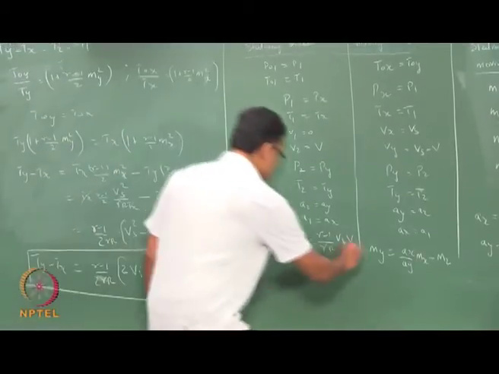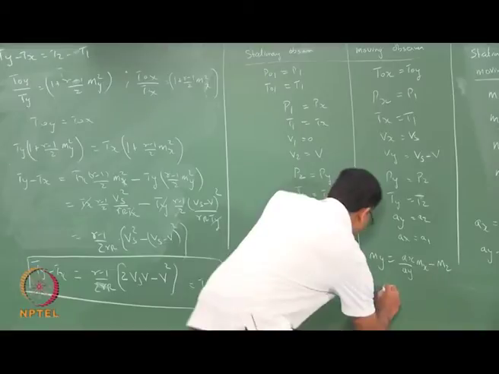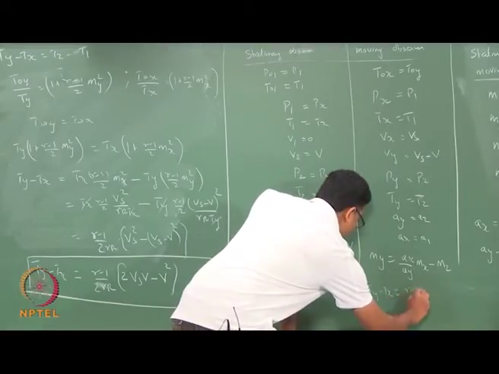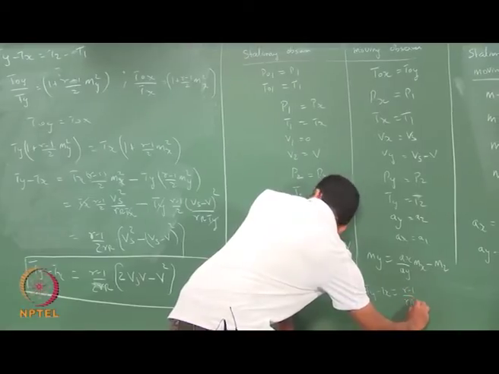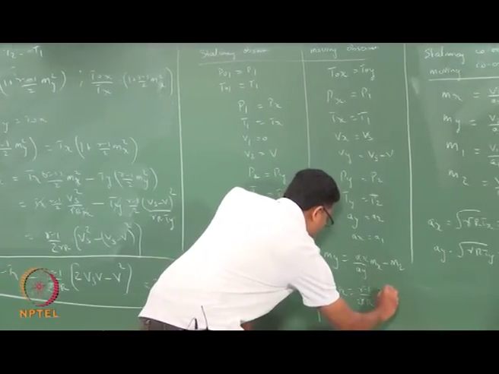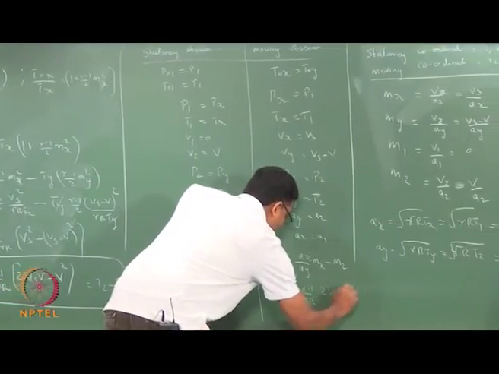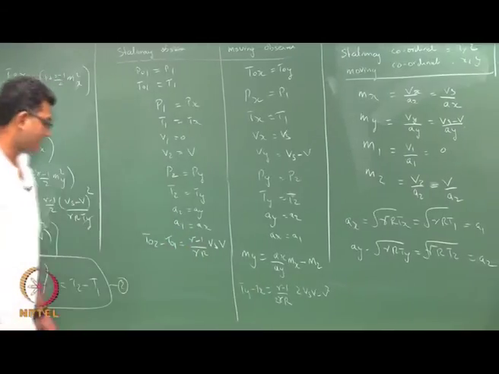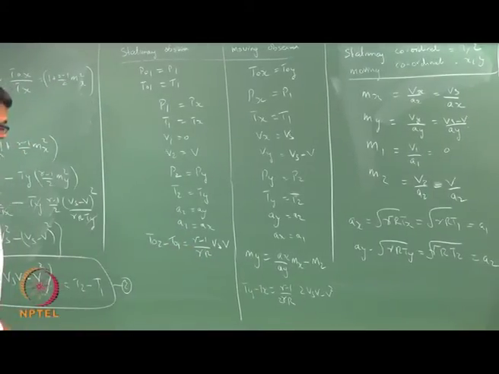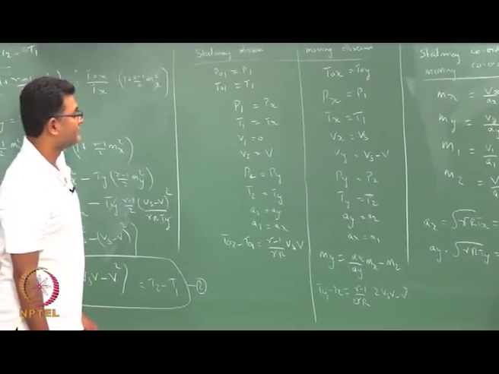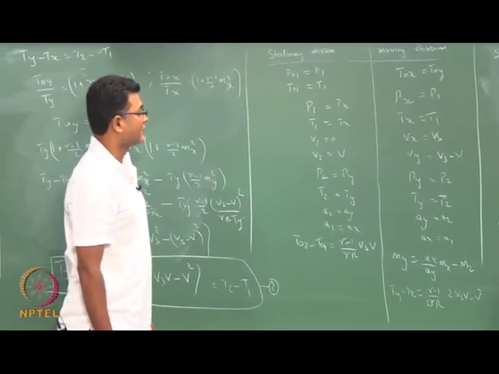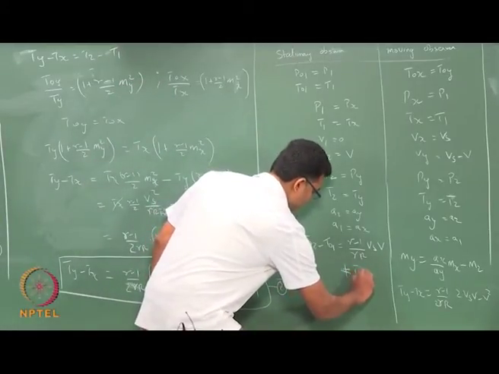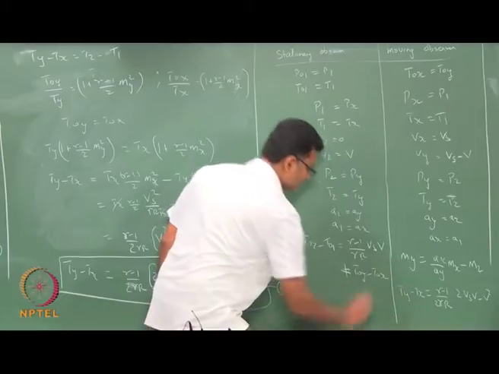So, your Ty minus Tx is gamma minus 1 by gamma R into 2 Vs V minus V square, which is also equal to T2 minus T1, which again is not equal to T0y minus T0x.